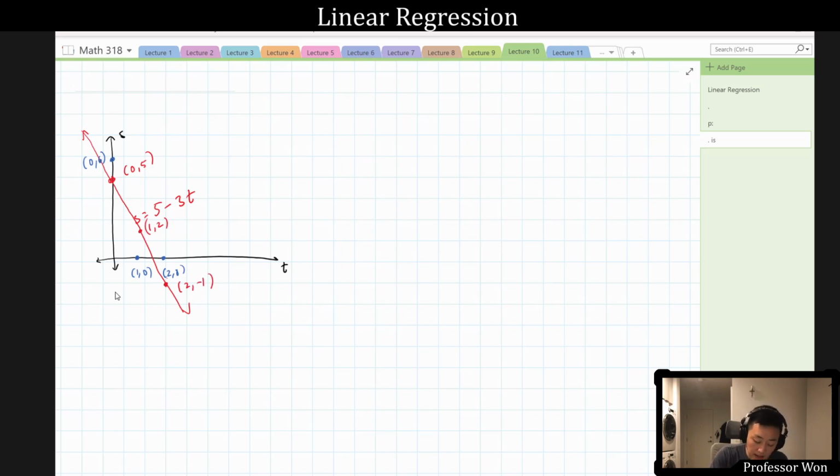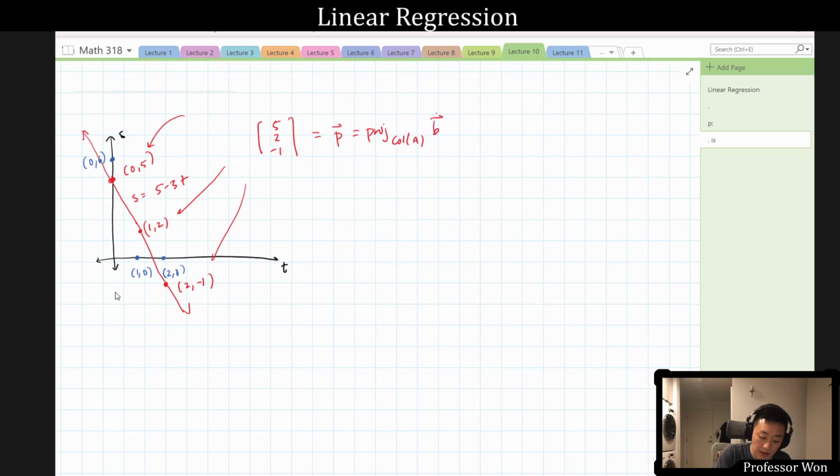Right, notice that the y coordinates, sorry, s equals 5 minus 3t. Notice the y coordinates here give you exactly the vector (5, 2, negative 1). That was the vector p, which was the projection onto the column space of A, of b.